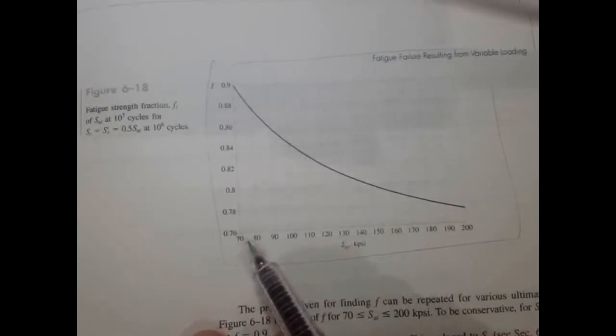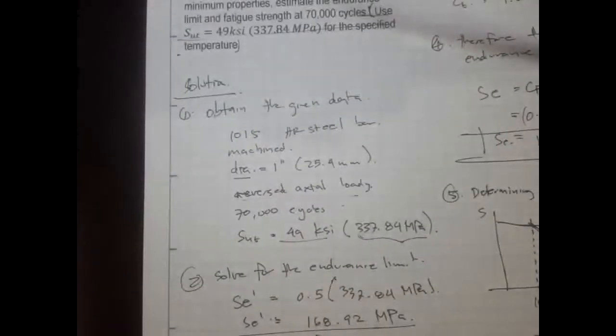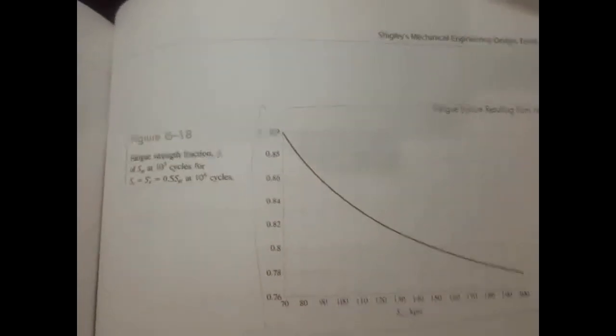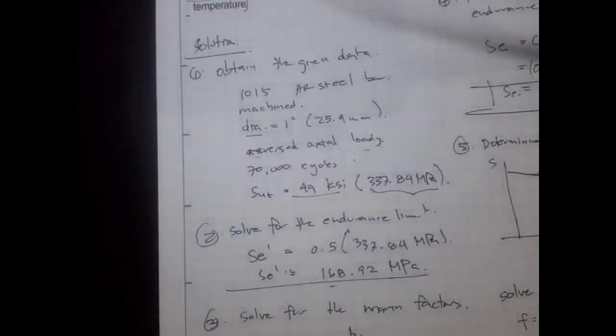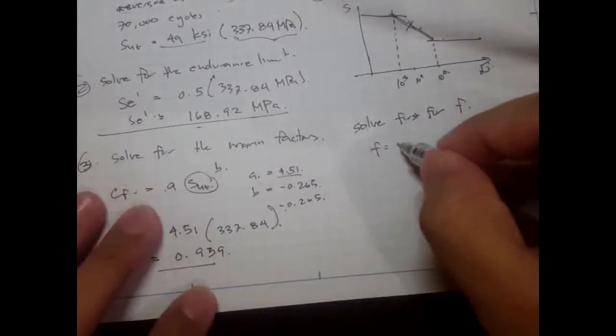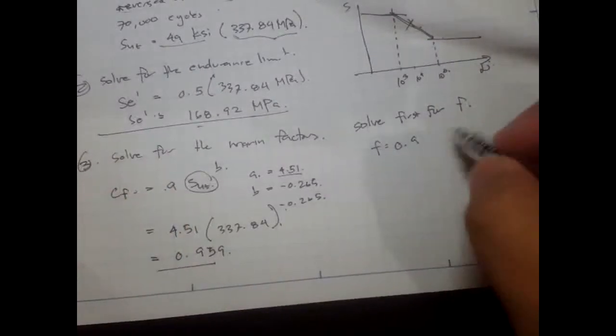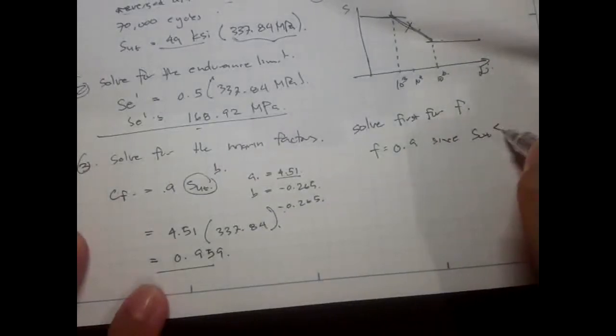The minimum right here is 70, and our given value is 49 ksi. So that means the F value would be 0.9. Let's write here F is equal to 0.9, since the ultimate tensile strength is less than 70 ksi.